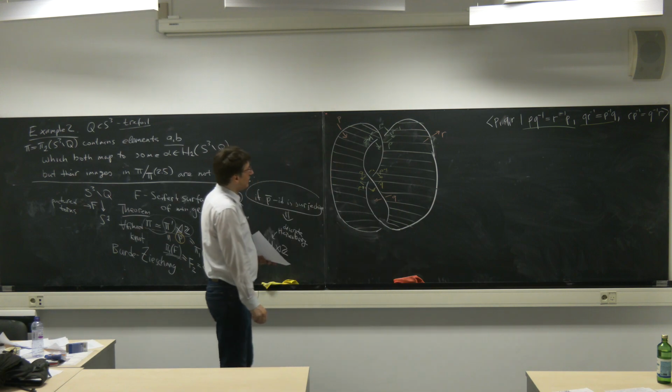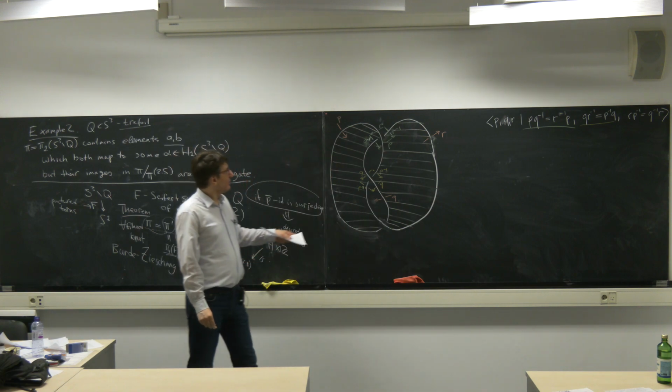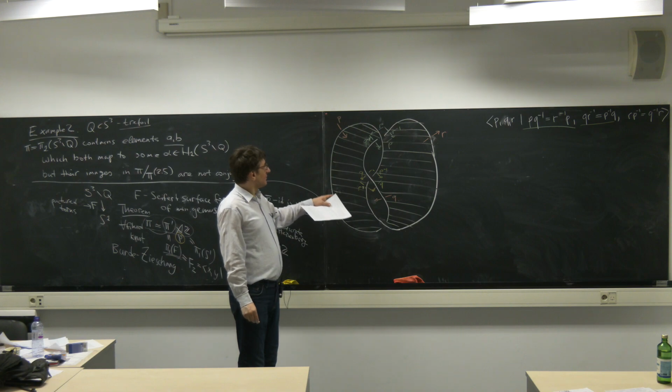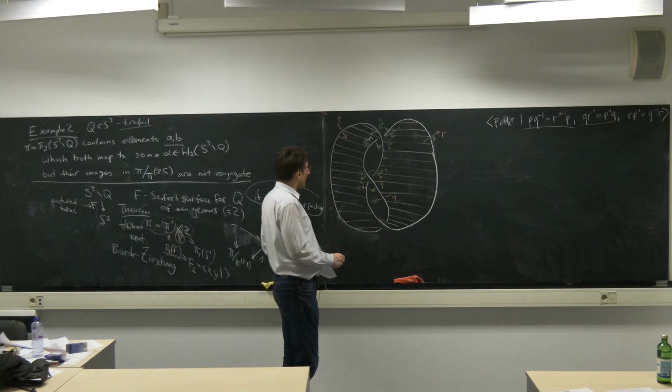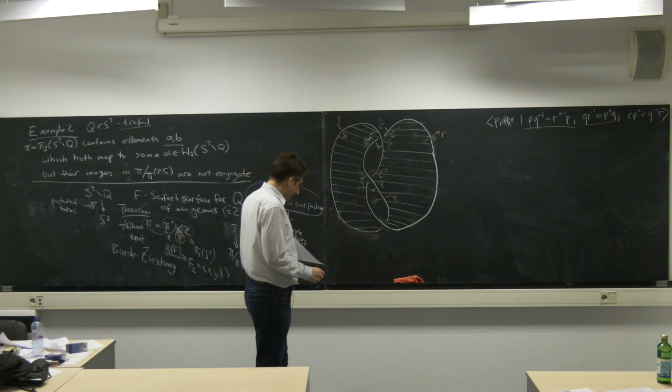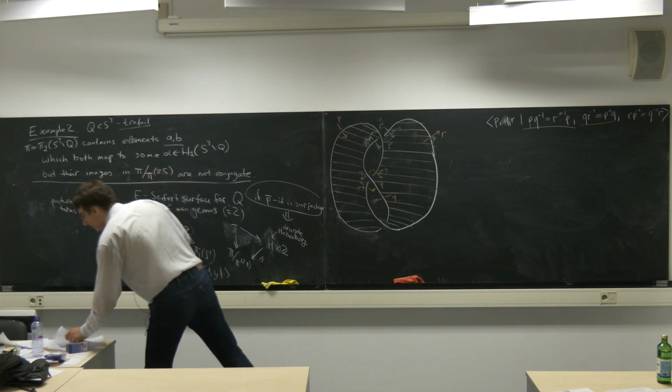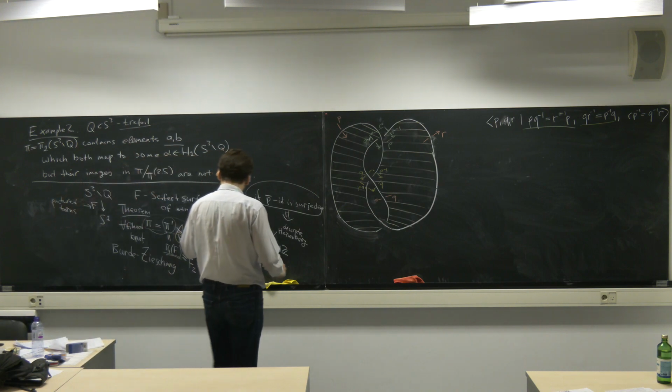So now, maybe you can see that this surface is a punctured torus. So I want also some generators of the fundamental group of this surface. And I will use the following generators.